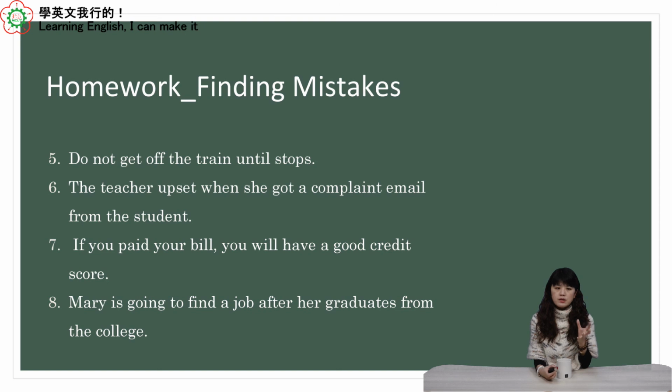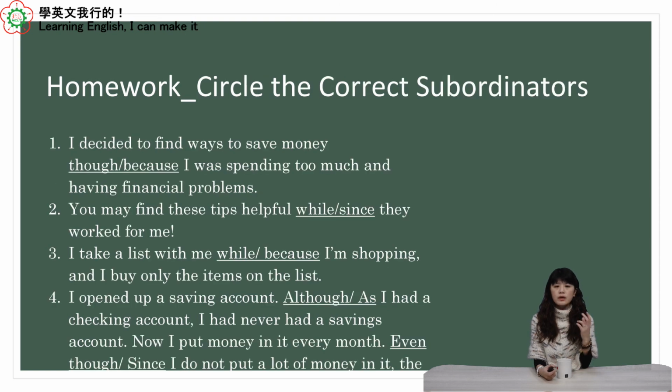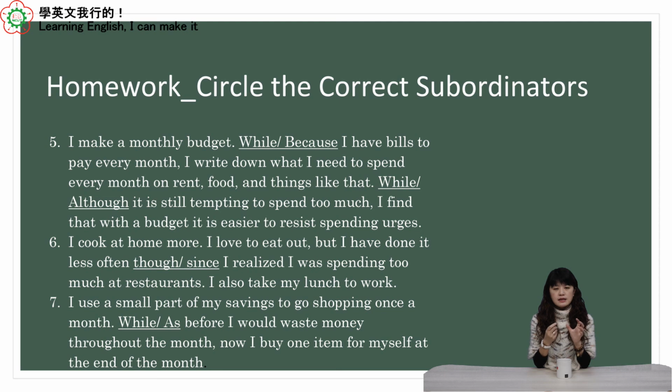The second part of our homework is to circle the correct subordinators, which means when we use the adverb clause, we need to distinguish which subordinator to use. Read the sentence and make your best guess if you're not sure of the answer. We will discuss in the discussion box.